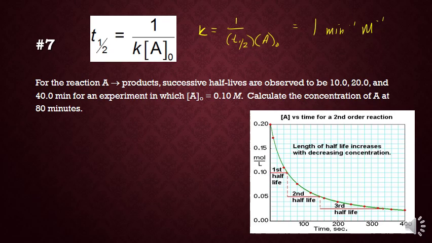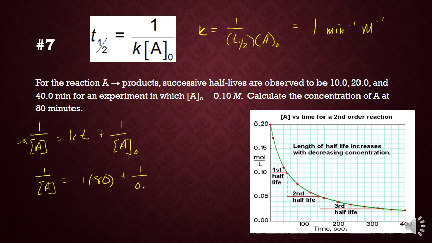There we go. Now that you know that, we can use the integrated rate law for a second order reaction. 1 over the concentration of A is going to equal kt plus 1 over the original concentration. And this is the one we're solving for. So 1 over the concentration of A is equal to 1 multiplied by 80 plus 1 over 0.1.